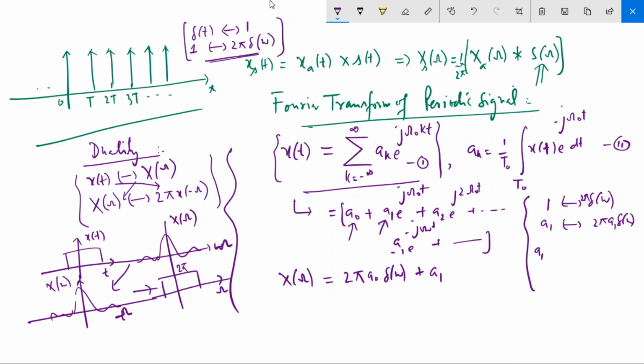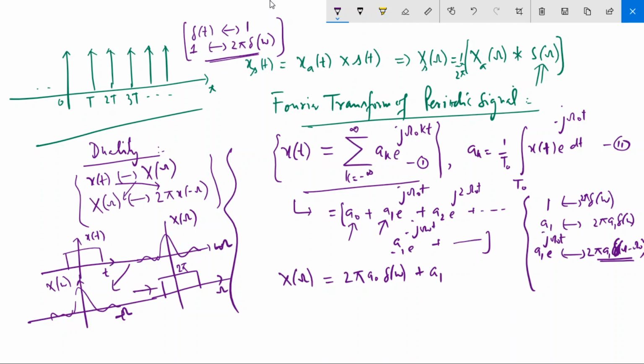Now what is the Fourier transform of a1 e raised to power j omega naught t? If you are multiplying in time with a complex exponential, what happens in the frequency? It gets shifted. So you'll get delta(omega minus omega naught). Okay, multiplication in time with a complex exponential is nothing but shifting in the frequency by that frequency. So if you have 2 omega naught t here, it will be shifted by 2 omega naught.